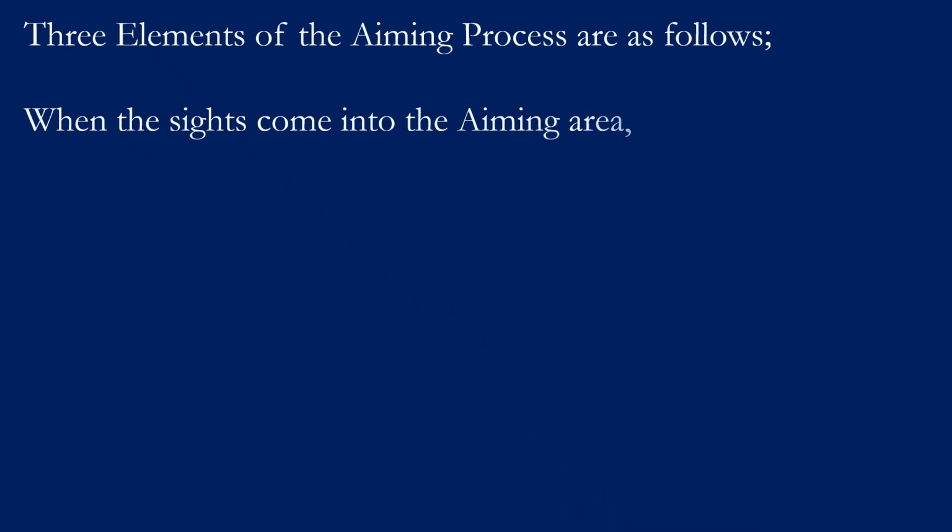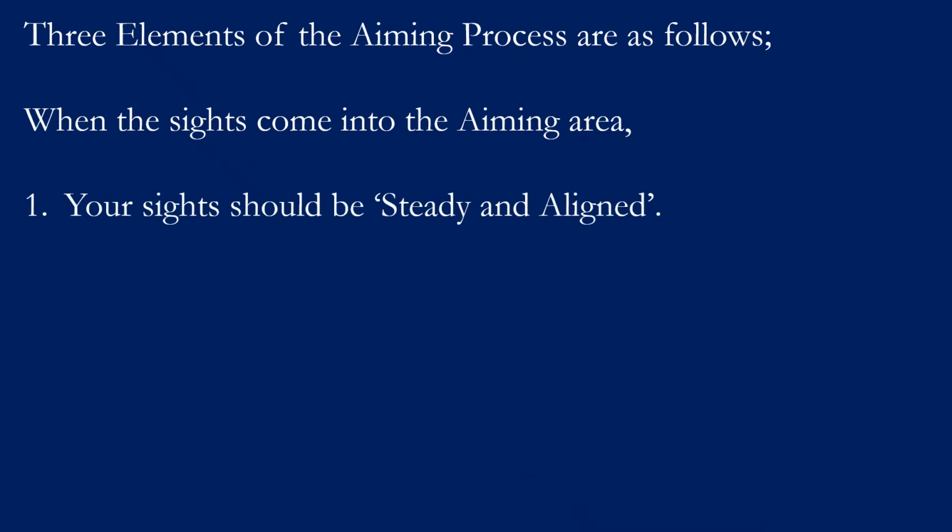The second thing is the aiming process. So what is this aiming process? The aiming process comprises three elements. When your sights come into the aiming area, your sights should first be steady and aligned, which is the first element. Second, the sight should be in sharp focus.